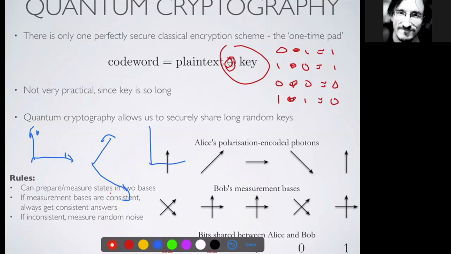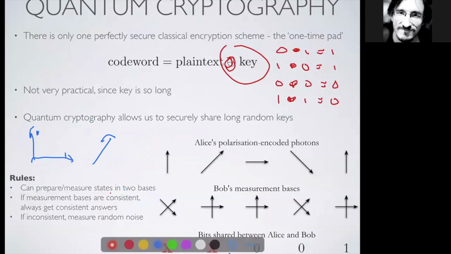However, if I ask the question, is it polarized diagonally or anti-diagonally, then once again, I'm guaranteed to get the right answer. And the reason for that is because if I ask the question, is it horizontally or vertically polarized, the measurement device perceives a diagonally polarized photon as being a superposition of horizontal and vertical polarization, and therefore it randomly collapses to one or the other.